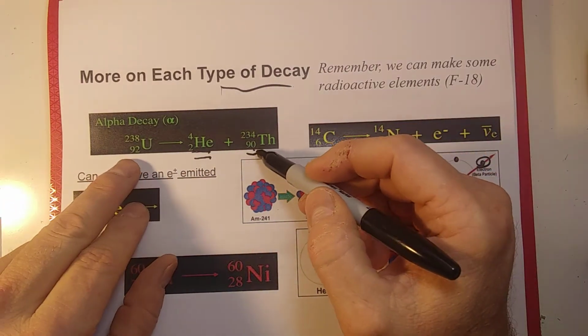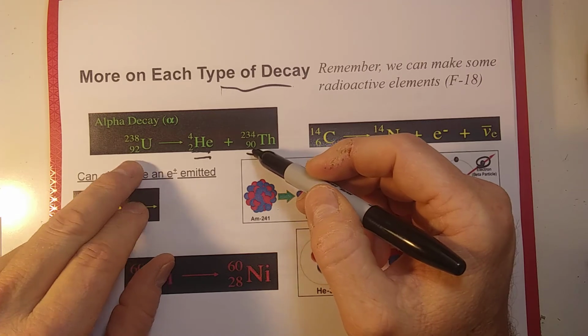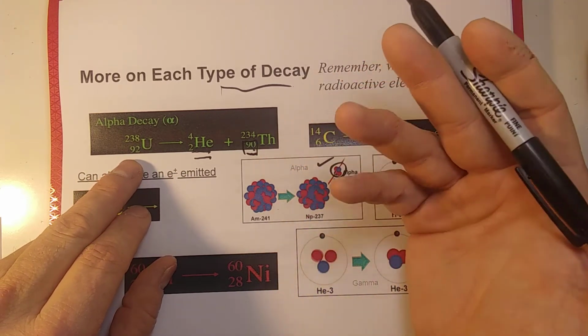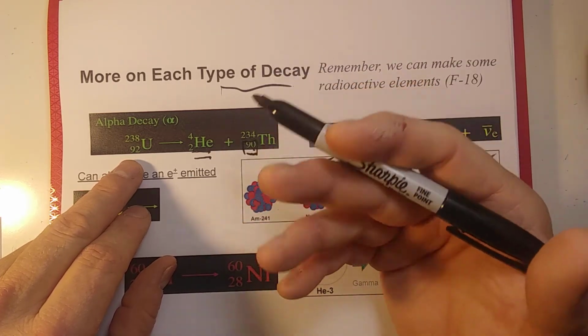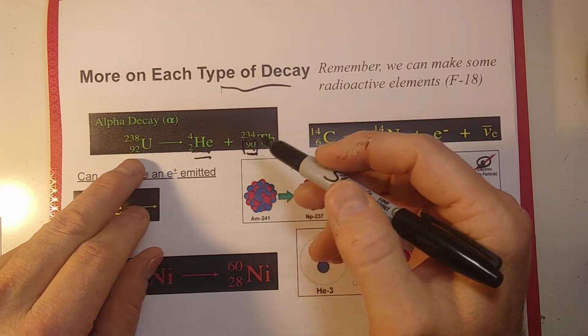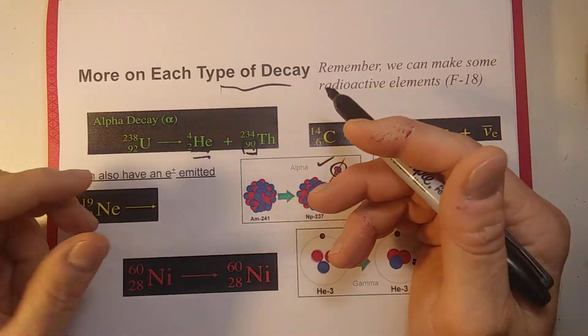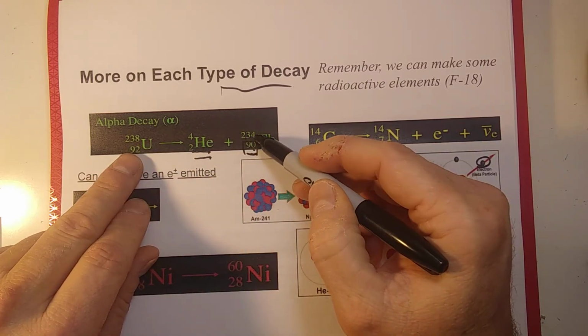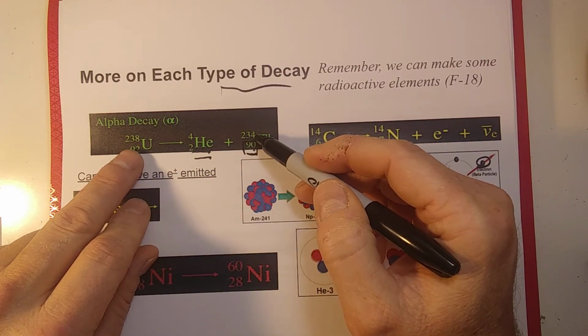But it has to change because remember, the identity of any atom is determined by the protons. So the lower number, for particles that are kicked off, can be the charge, and for the elements, it is typically the number of protons. And we see our mass number dropped by 4, from 238 to 234.